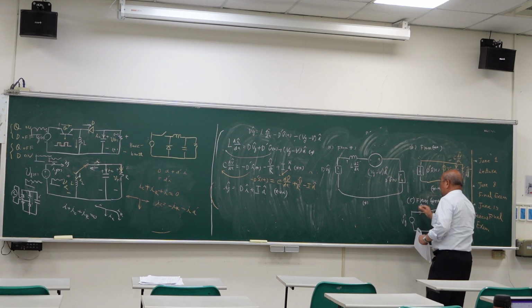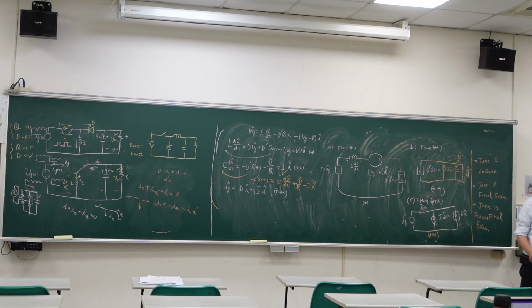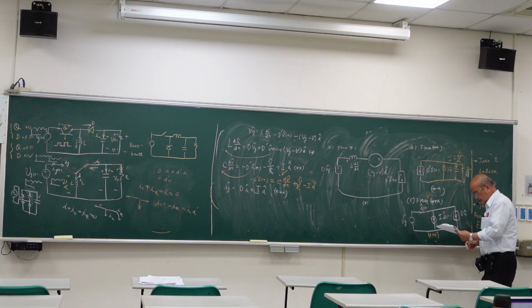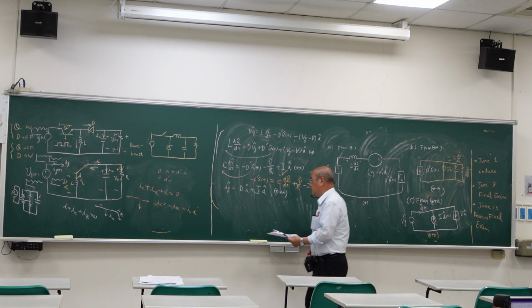So how many circles do we have? Three circles. Do you think they are independent or dependent? It seems they are independent, right? So what is the relationship? Can you imagine what the relationship is?